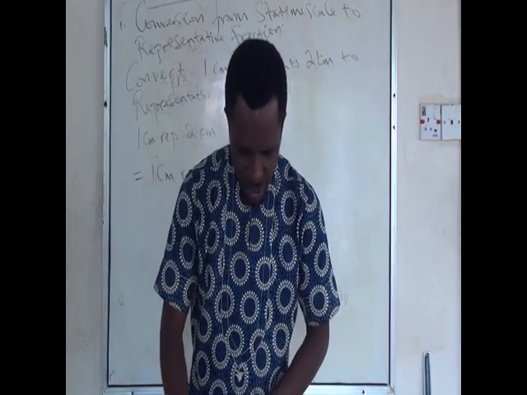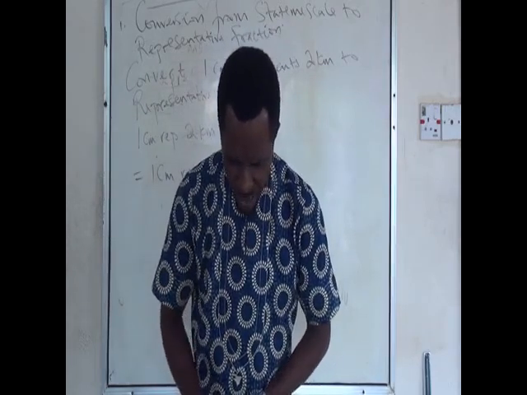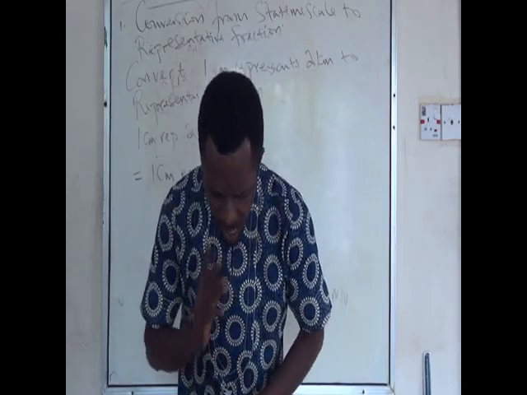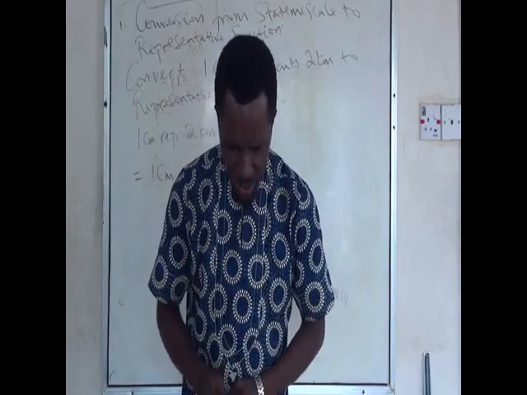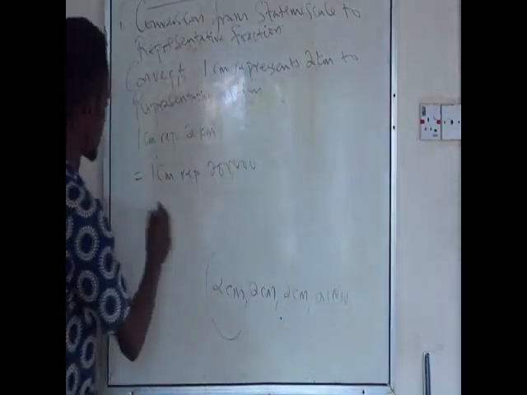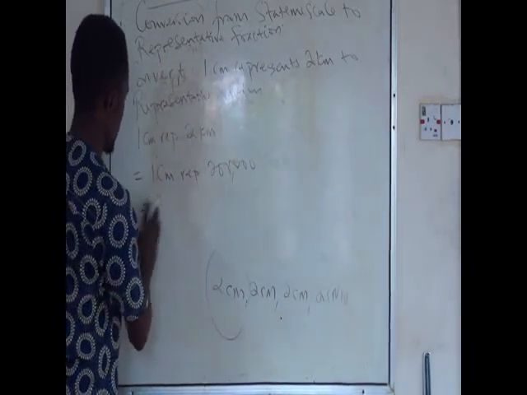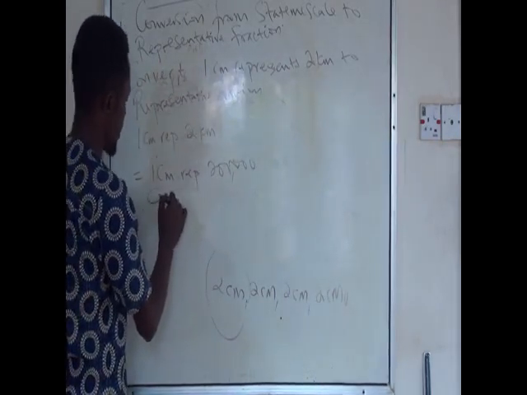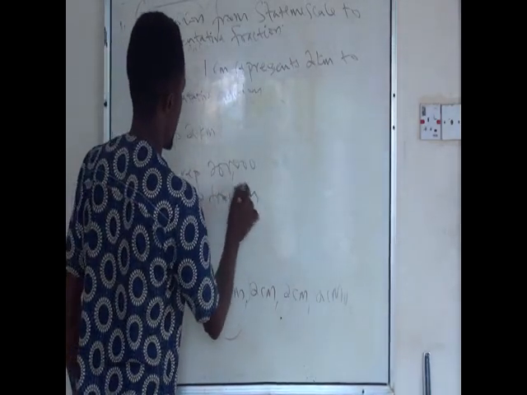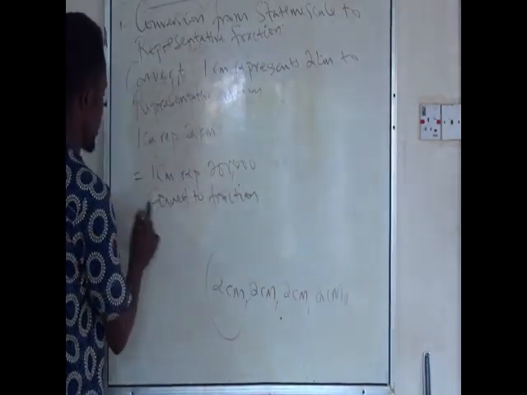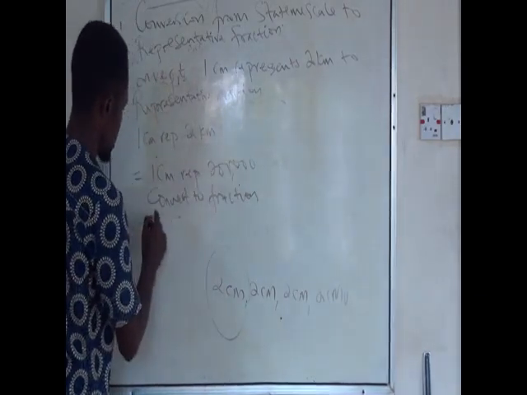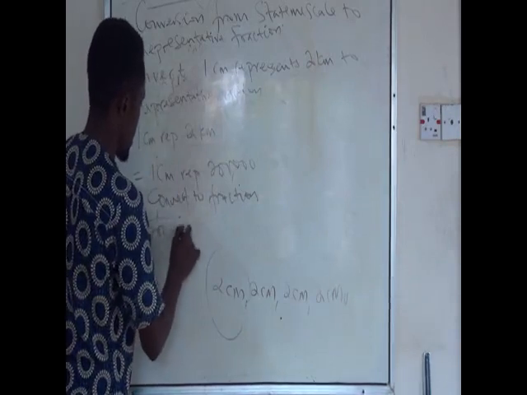Having written it down clearly, write the scale as a fraction with the distance on the map as numerator and distance on the ground as denominator. Convert it to a fraction. We have 1 over 200,000.